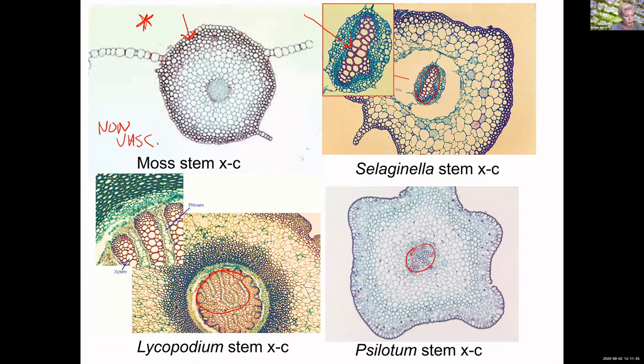So we know these darker stained cells are not vascular tissue, because they aren't bigger than the surrounding cells. What they are is for structural support. They have a little bit of reinforced cell wall that's a little tougher and stronger, and they're going to be able to live on land because of that.